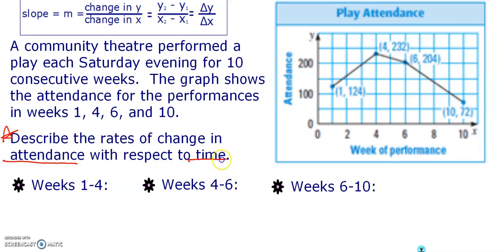Attendance with respect to time. So attendance over time. And if I look at my graph here, attendance is along the y-axis and time, week of performance, is on the x-axis.